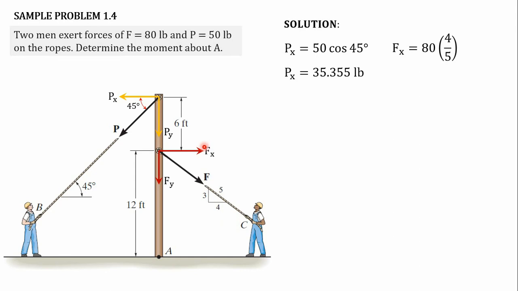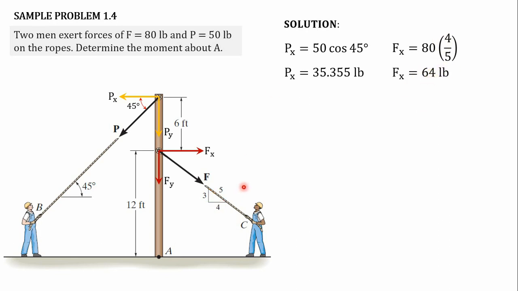Okay, so Fx is equal to 80, F is 80 pounds times 4 over 5, because horizontal to, yung Fx natin. So, yung ratio niya, with respect to horizontal, is 4 over 5. Okay? And that is equal to 64 pounds.